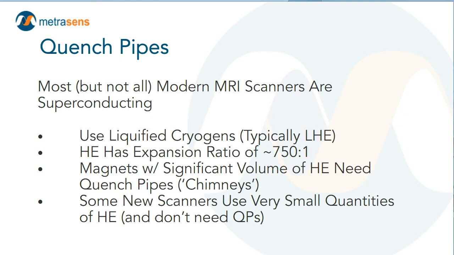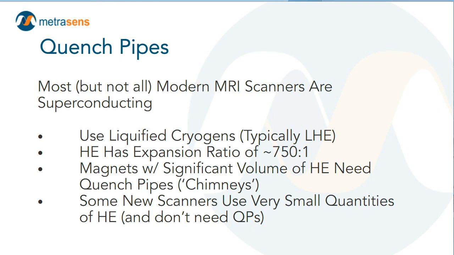When helium goes from its liquid state, which is about 450 degrees below 0 Fahrenheit, to its gaseous state and warms to room temperature, then that helium has an expansion ratio from 450 degrees below 0 to 70 degrees room temperature of 750 to 1, approximately.